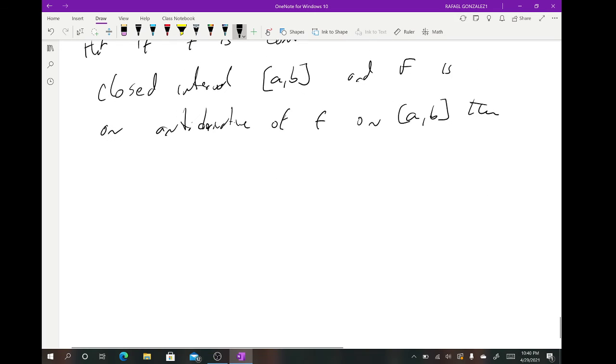So this is what the theorem says. It says that the integral from a to b of little f of x dx is equal to the antiderivative evaluated at b minus the antiderivative evaluated at a.